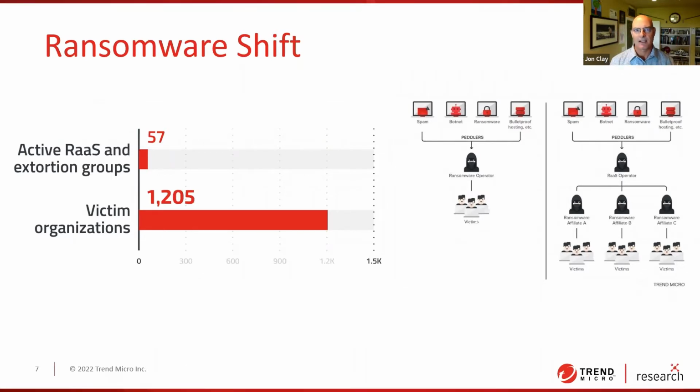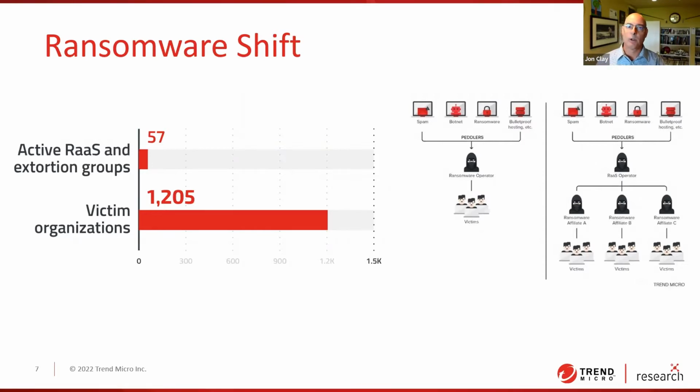Now, one of the things that does is that it insulates that group from a lot of the law enforcement agencies' targeting, because what law enforcement sees is the actual attack, and that's done by the affiliates. And so you're seeing this, unfortunately, where these ransomware as a service groups are able to continue to operate around the world and do what they do best. And if an affiliate group gets arrested, they just bring on a new affiliate group. We're seeing a lot more competition. So they have to actually compete now in the underground for affiliates.